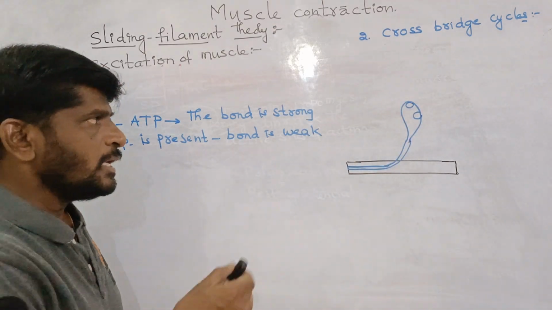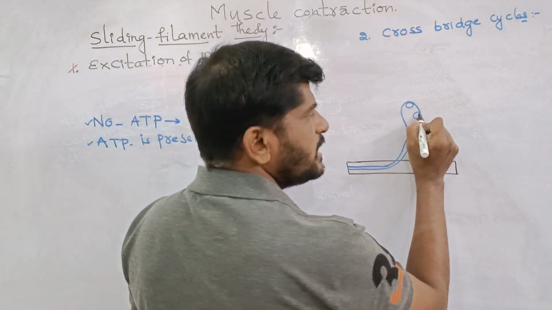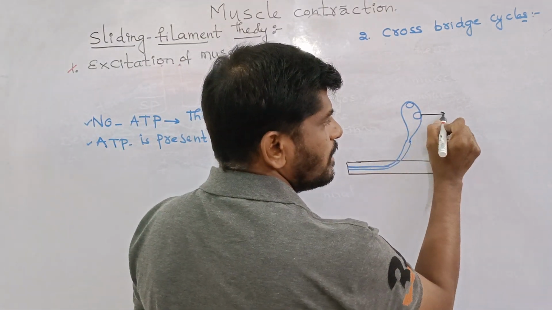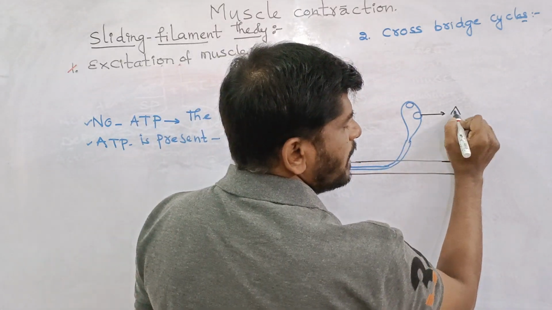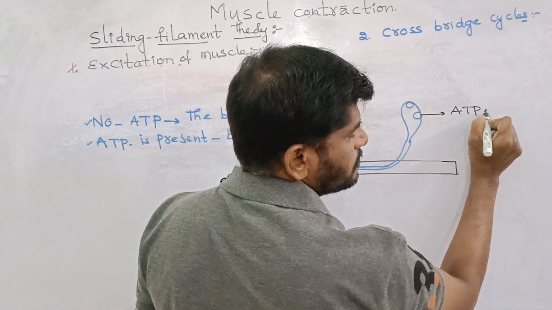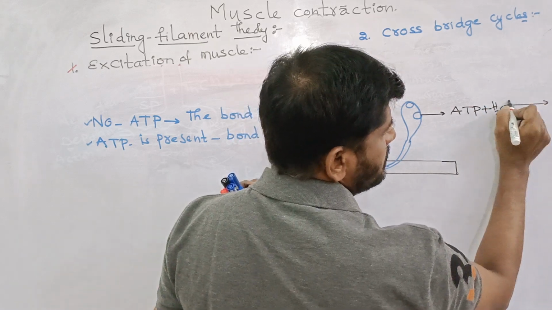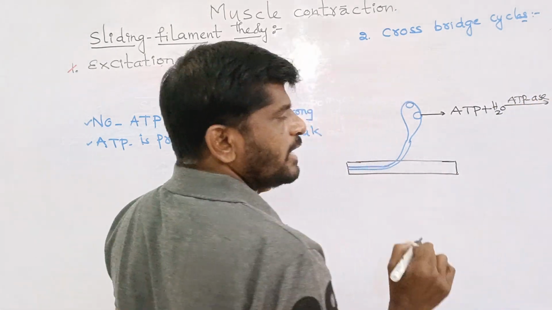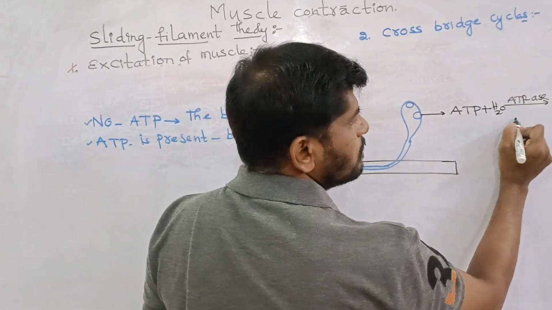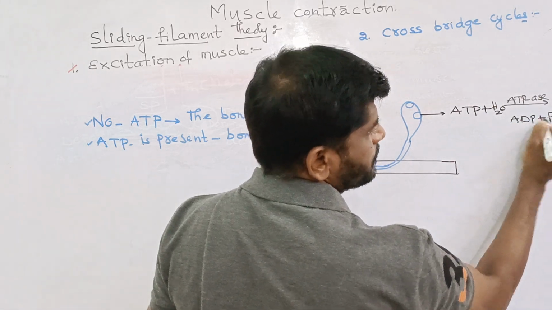Therefore, in the cross bridge cycle, what is the reason for the cross bridge cycle? ATP hydrolysis in the presence of water, with an enzyme called the ATPase enzyme, and ATP is hydrolyzed into ADP and inorganic phosphate.